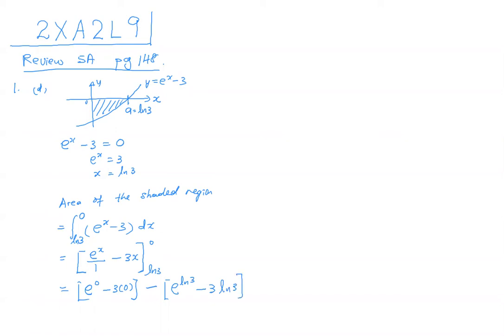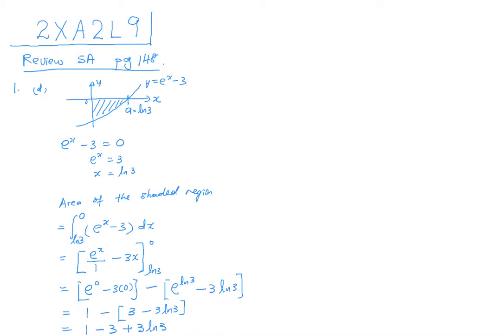What is the value of e to the power 0? The answer is 1. Take away, what is the value of e^(ln 3)? If you don't know, you can press the calculator. The calculator will give you 3. And for the exact value, I will put this as 3 ln 3. So this will be 1 minus 3 plus 3 ln 3.